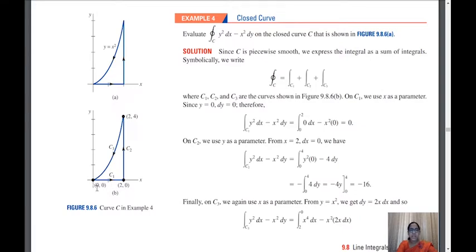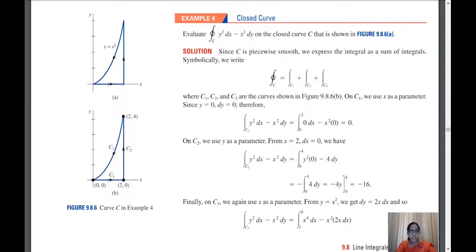There is a variation of x from 0 to 2. So we will replace the integral over C1 of y square dx minus x square dy by the integral from 0 to 2, since there is variation in x only. What is y? Y is 0. So 0 into dx minus x square into dy, which is again 0. Altogether this integral will be 0.